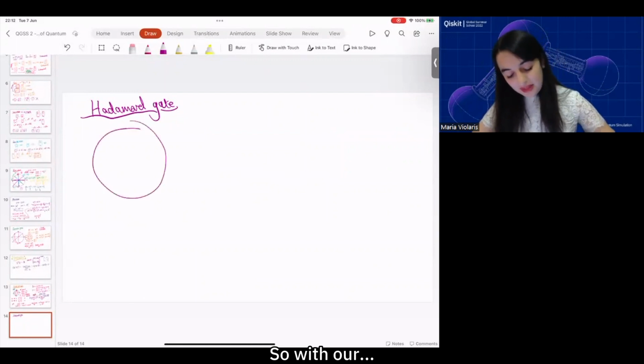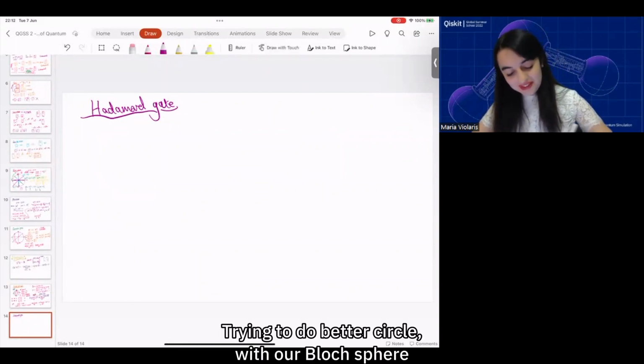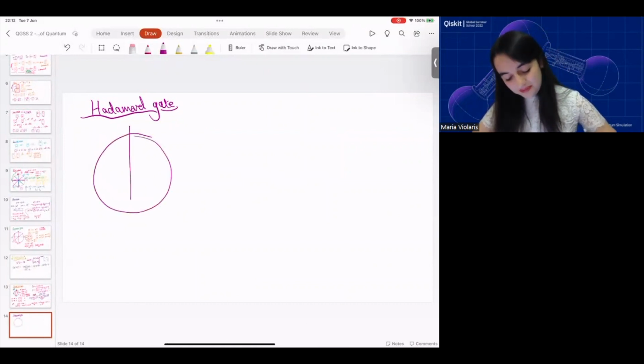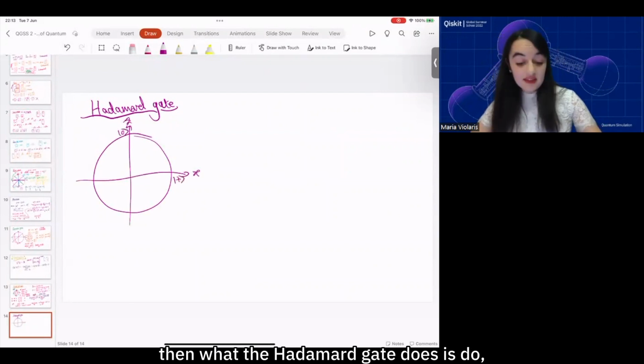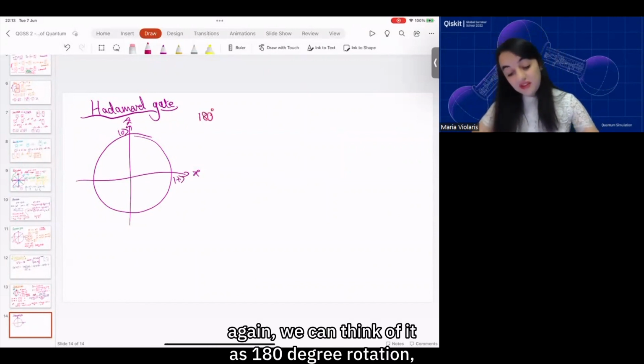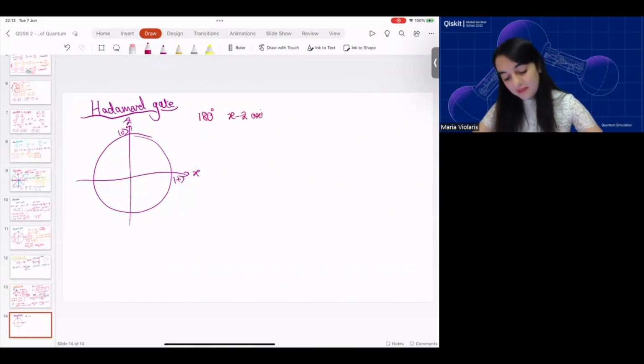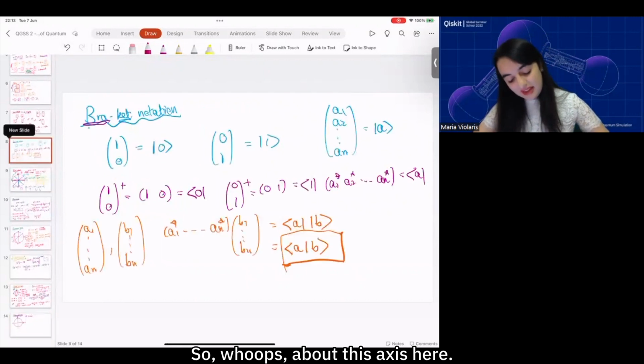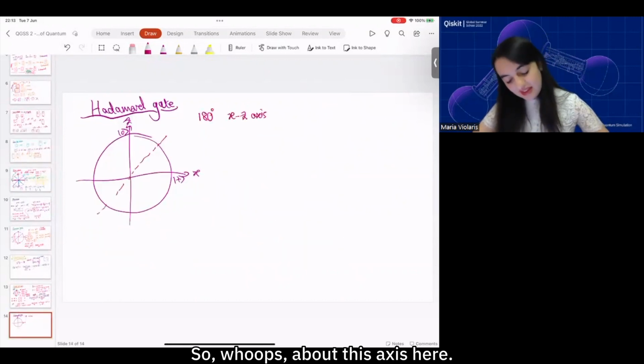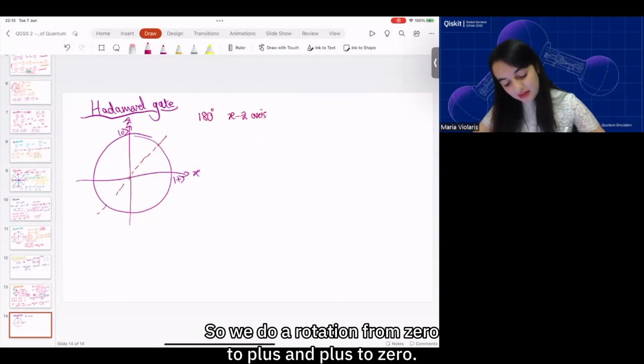With our Bloch sphere, if we have our Z and X axes, then what the Hadamard gate does, again, we can think of as a 180-degree rotation, but about the axis that's halfway between X and Z. So about this axis here, we do a rotation from 0 to plus and plus to 0.